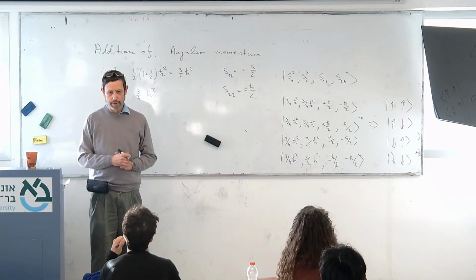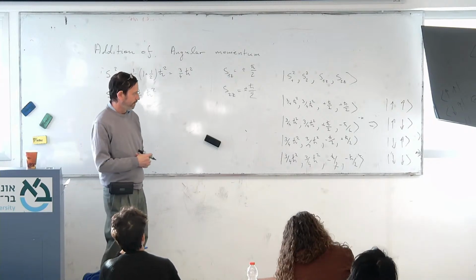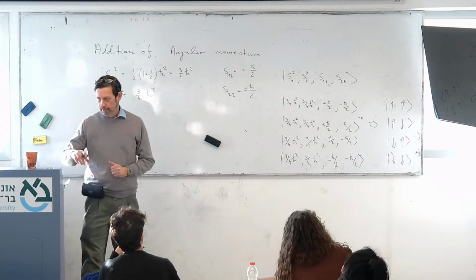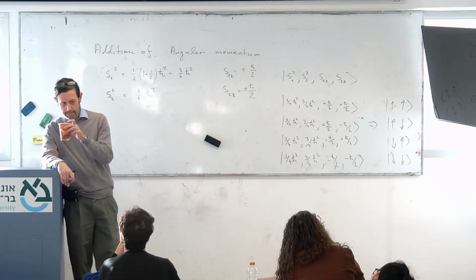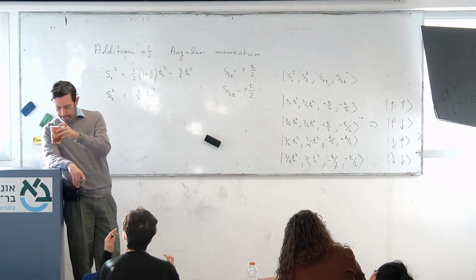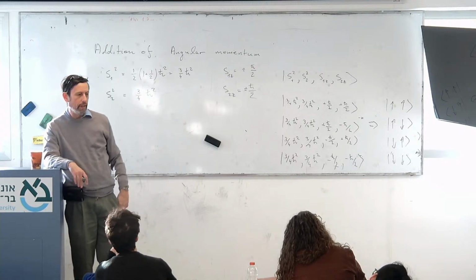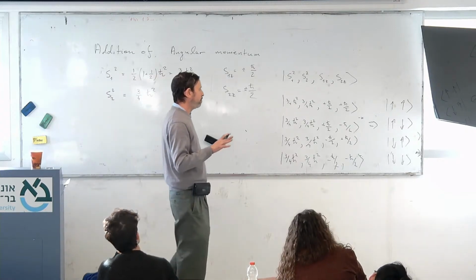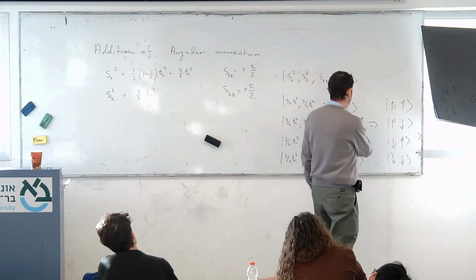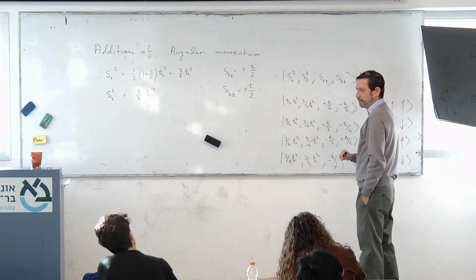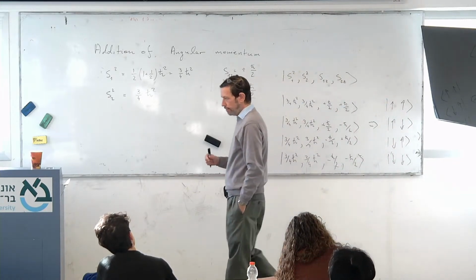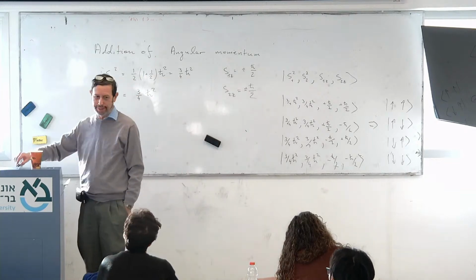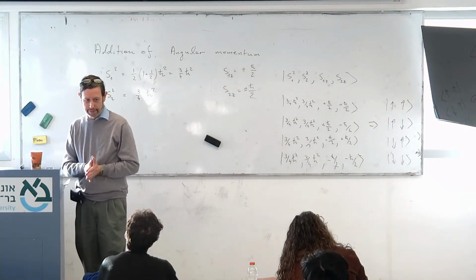So in order to describe more particles, I just add more entries to my vector. Like here I have two. Yes, there are two problems in developing a many-body quantum mechanics.